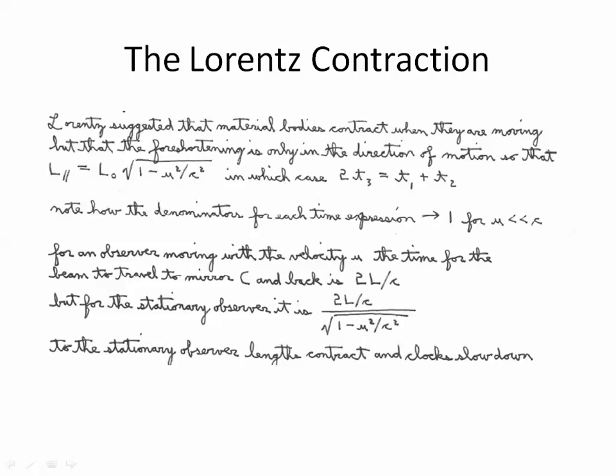For the stationary observer, we have this time as 2 times t3, or 2 times L divided by c, all divided by the quantity square root of 1 minus u squared divided by c squared. This factor in the denominator is always less than 1, which means that time is greater for the stationary observer than for the moving observer. To the stationary observer, lengths contract and clocks slow down.